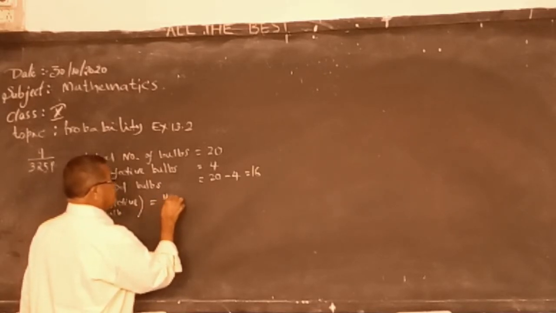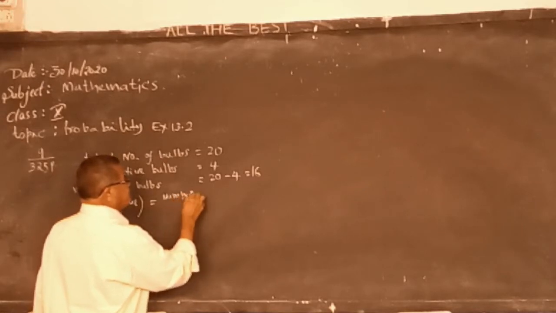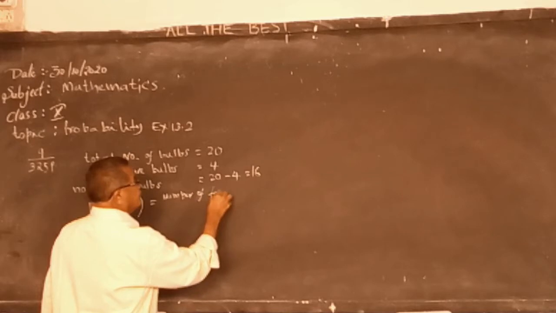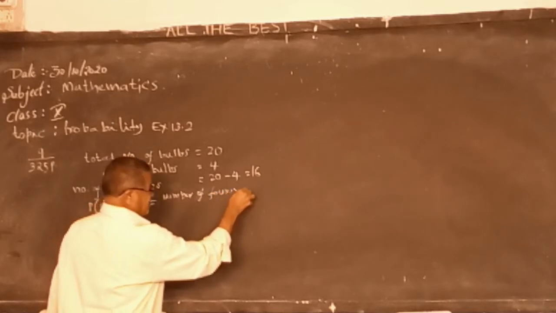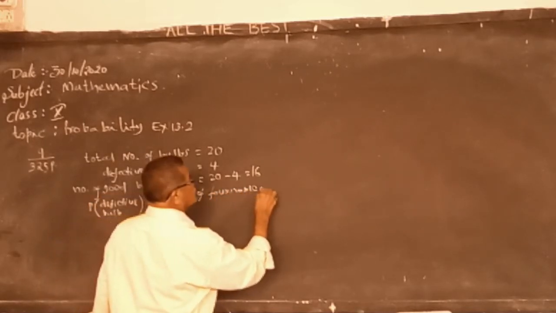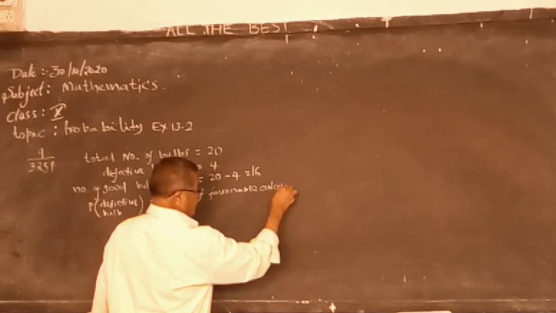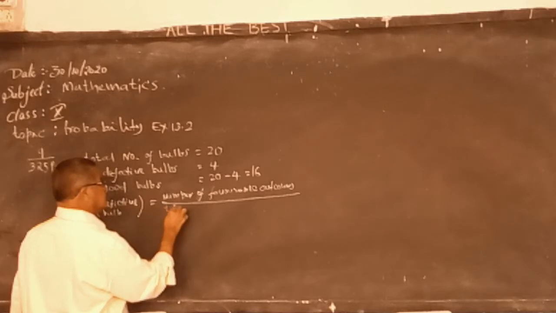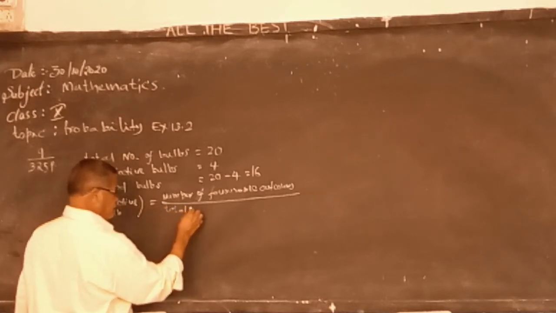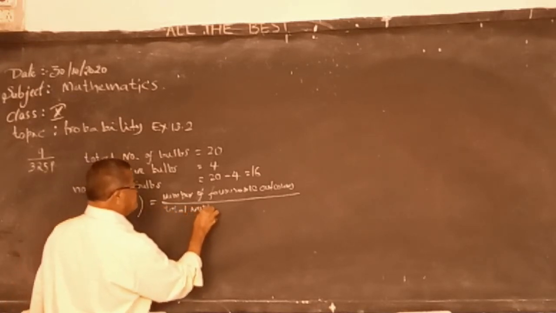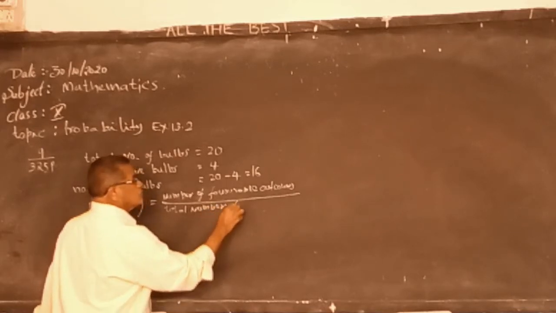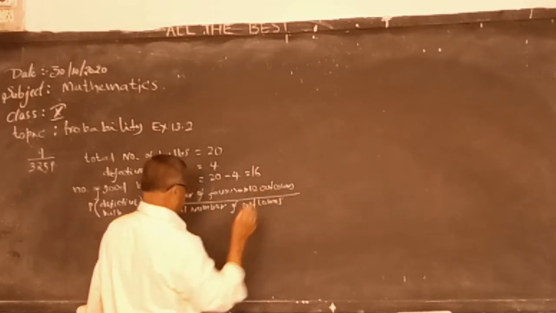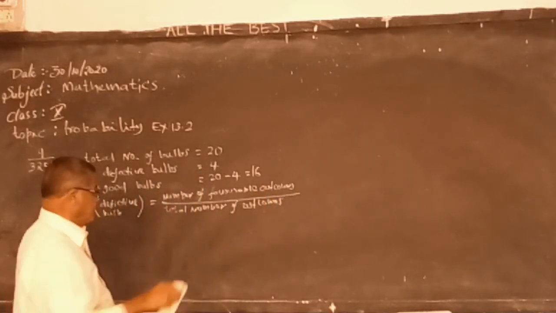Probability is the number of favorable outcomes by the total number of outcomes.